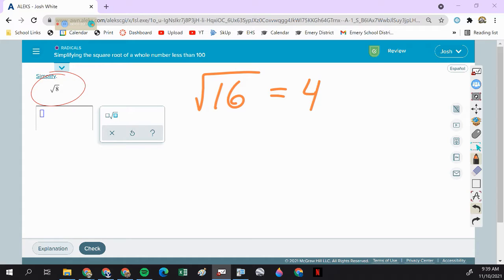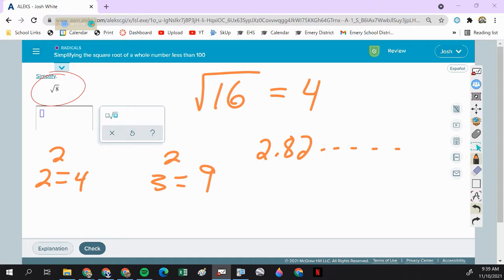Well, what is 2 squared? 2 squared is 4, and 3 squared is 9. So the answer has to be somewhere in between 2 and 3. And if you use your calculator, you get 2.82 something. But there is a way to simplify this.